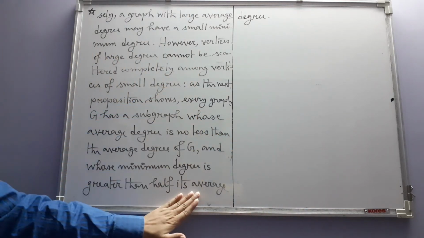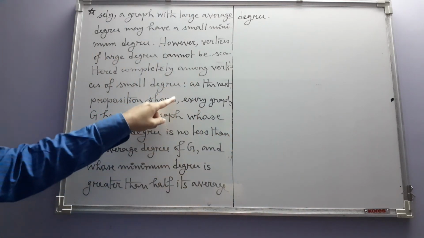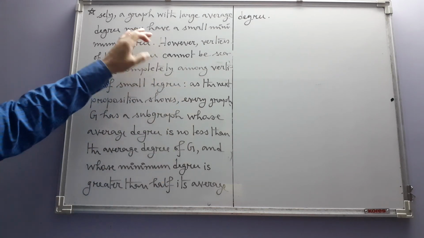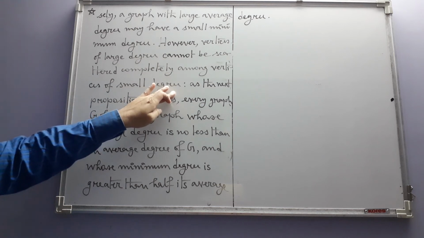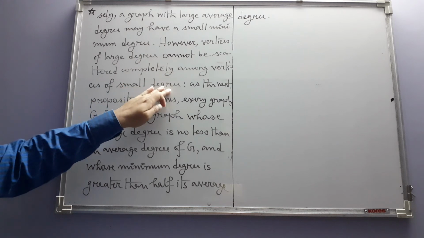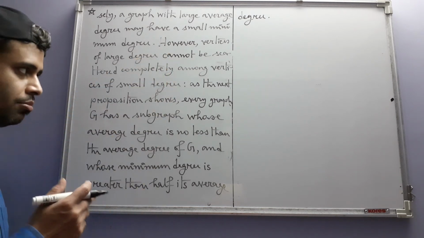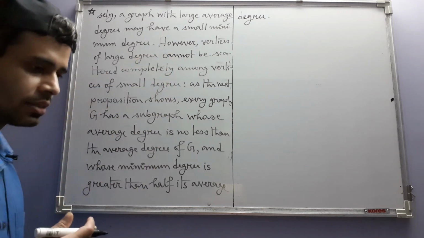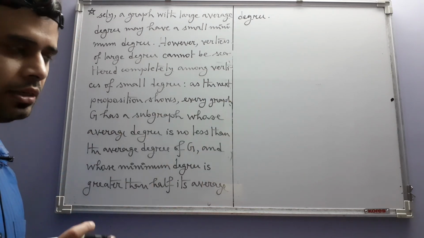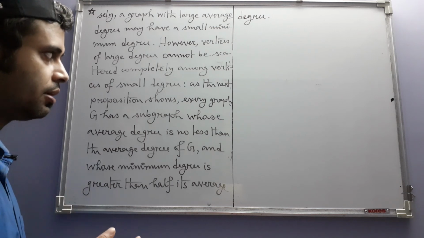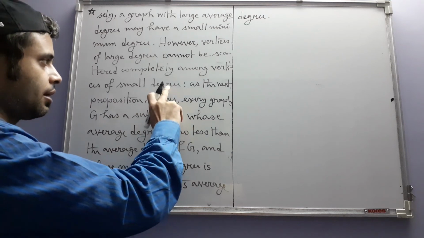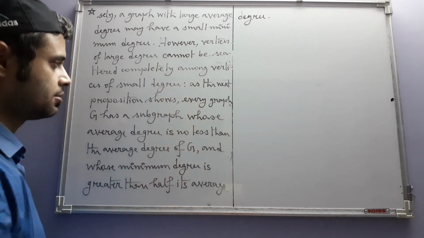I understand this part, but I don't see how this is related to this, starting from however to small degree. In fact, it's not clear what the author tries to say here. What does it mean when he says that vertices of large degree cannot be completely scattered among vertices of small degree? It's somewhat vague. I have not been able to figure out what the author means and how it is related to this.